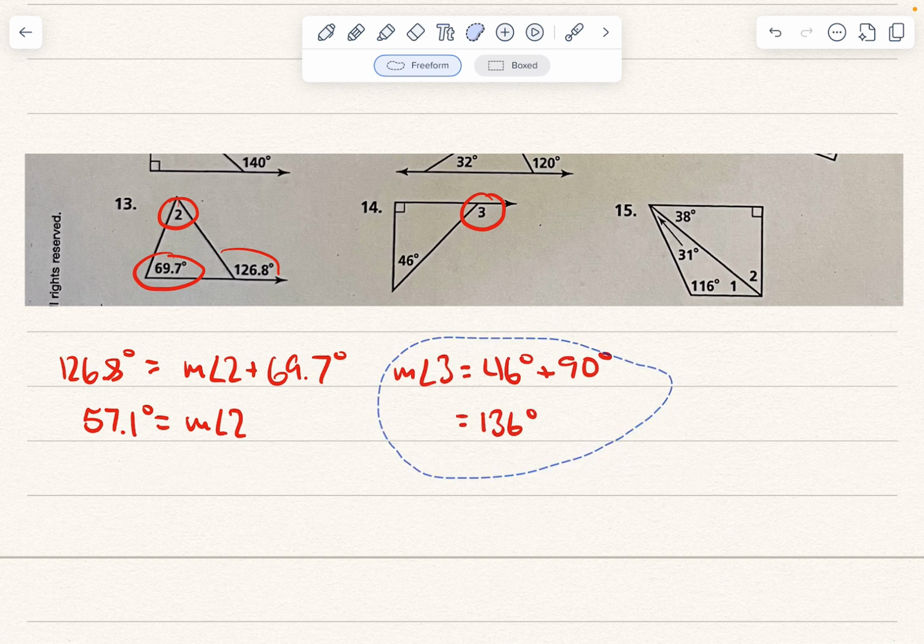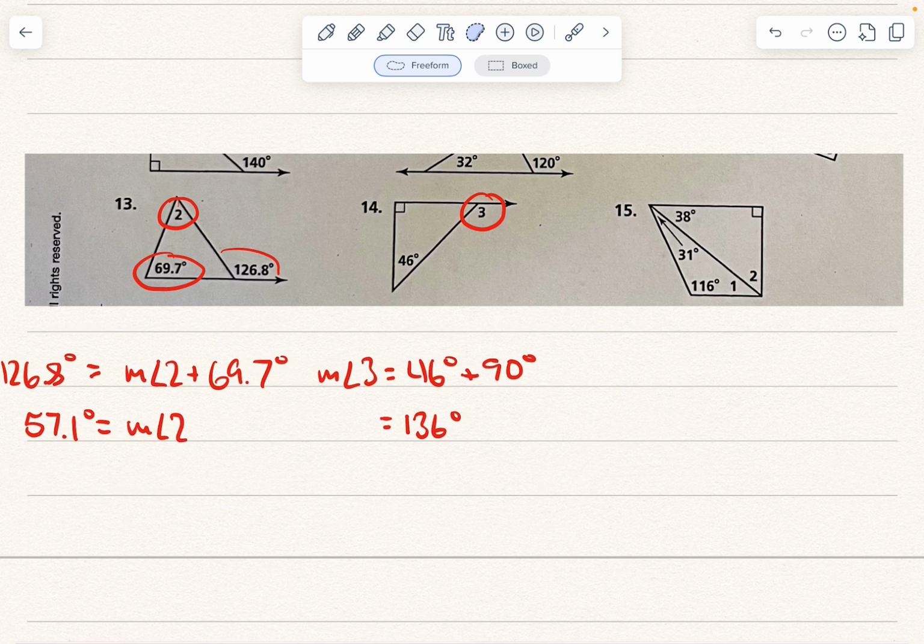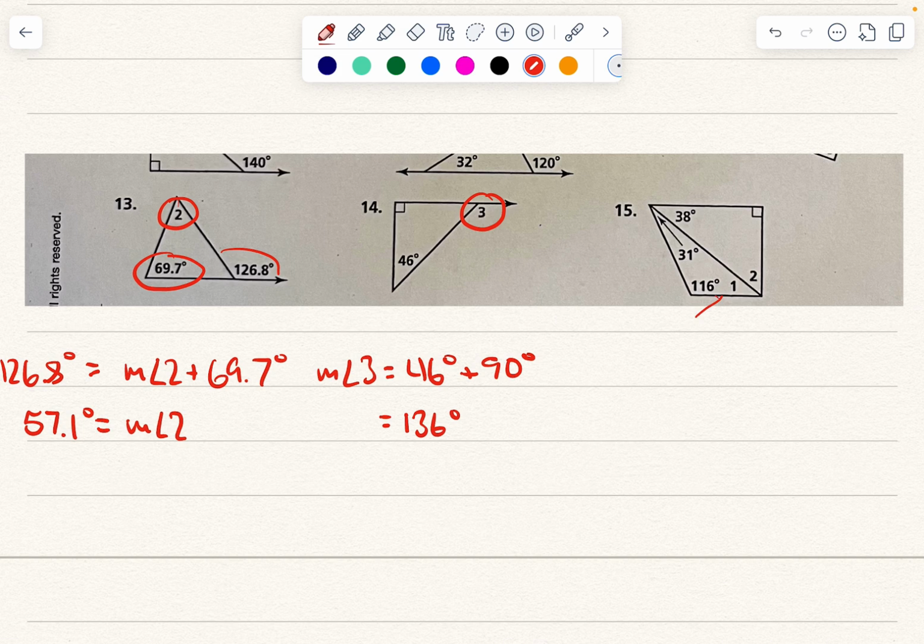All right, let's see here. And then for this next one, what's tricky about this is that it makes it look like 1 might be an exterior angle, but it's not. And 2 is not an exterior angle. This is really just 2 weird triangles that have been pushed together that have nothing to do with each other.